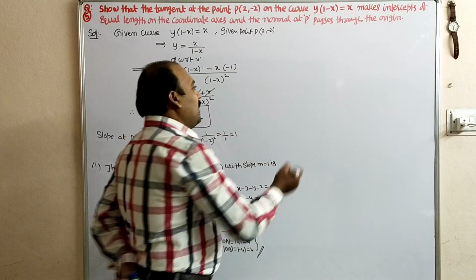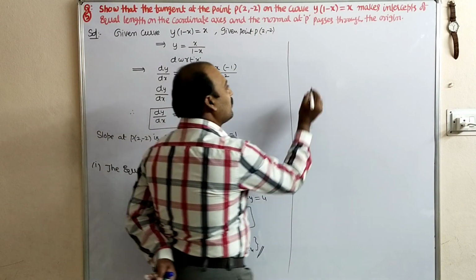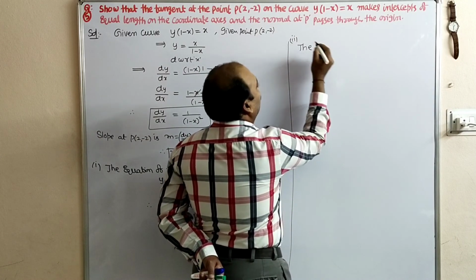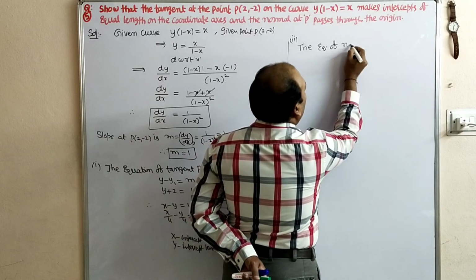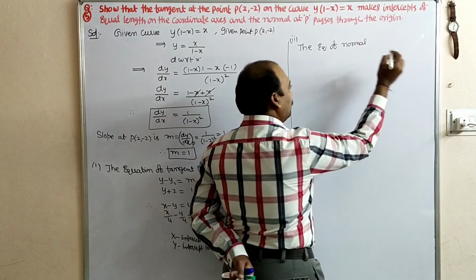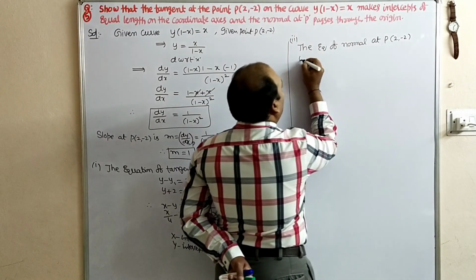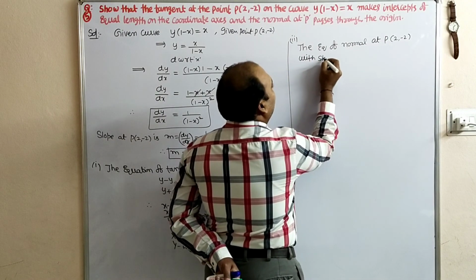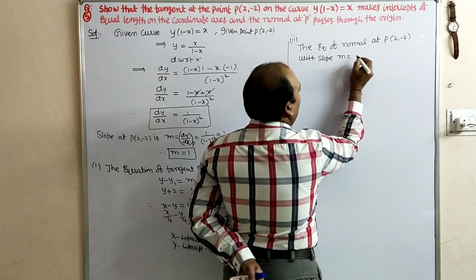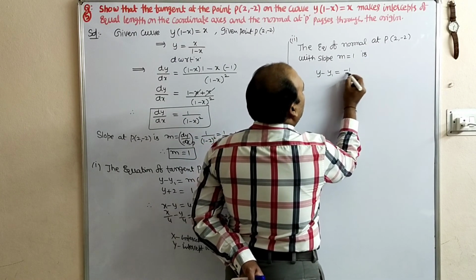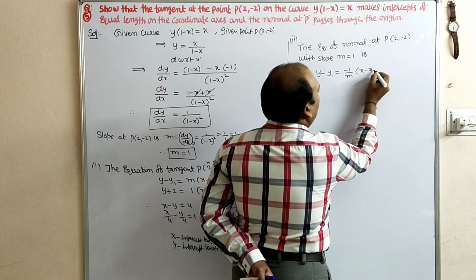Come to the normal equation. The equation of normal at P of 2 comma minus 2 with slope m equal to 1 is y minus y1 equals minus 1 by m into x minus x1.